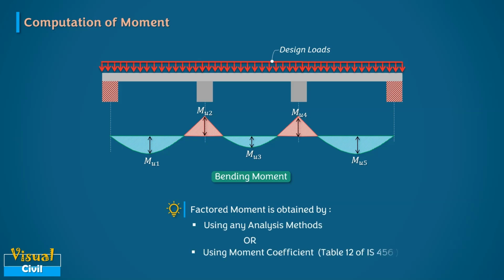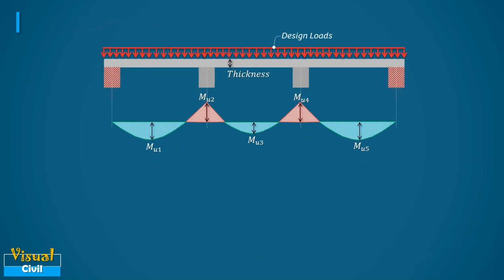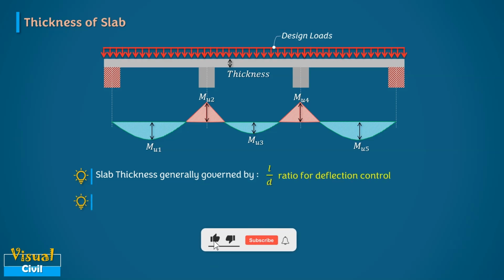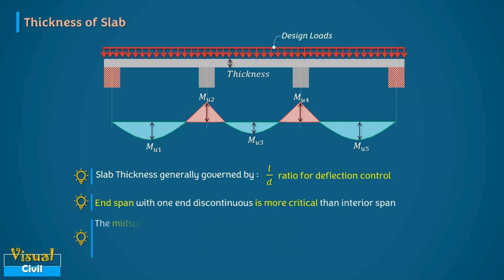The thickness of slab is usually governed by limiting L/D ratios for deflection control. In this regard, the end span whose one end is discontinuous is more critical than the interior span.